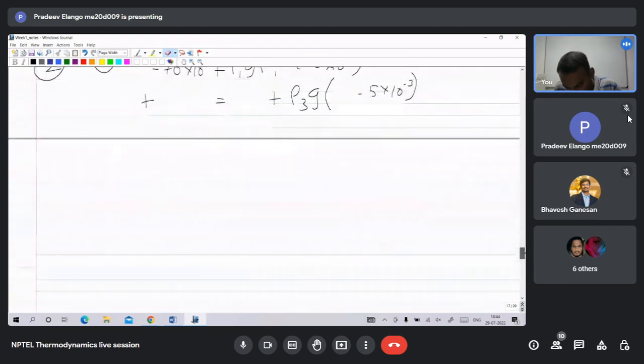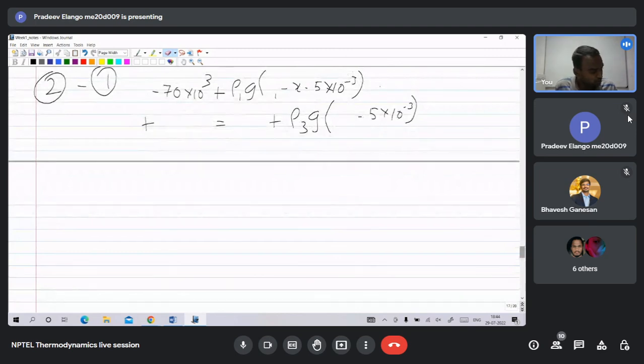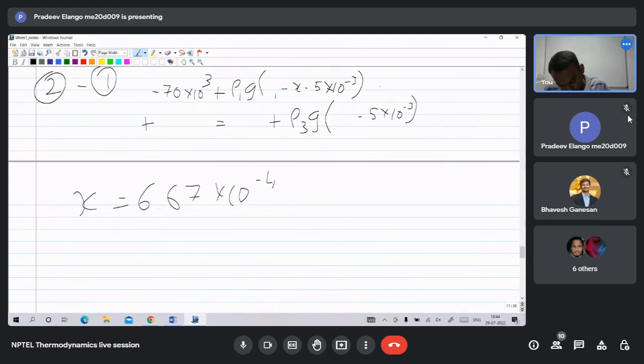When we solve for this, we will be getting x to be 6.67 into 10 power minus 4.